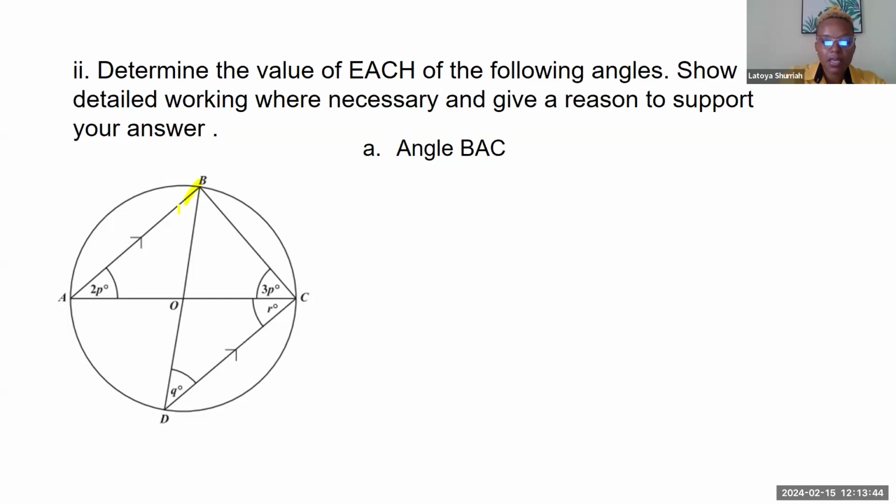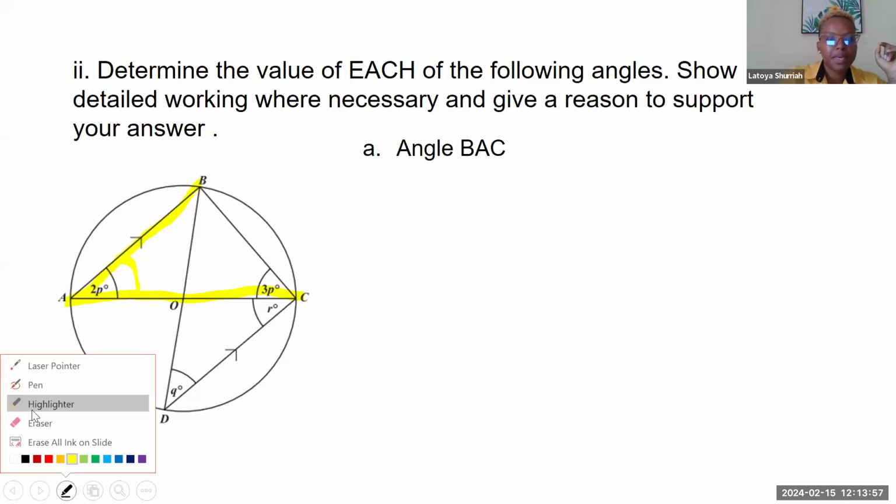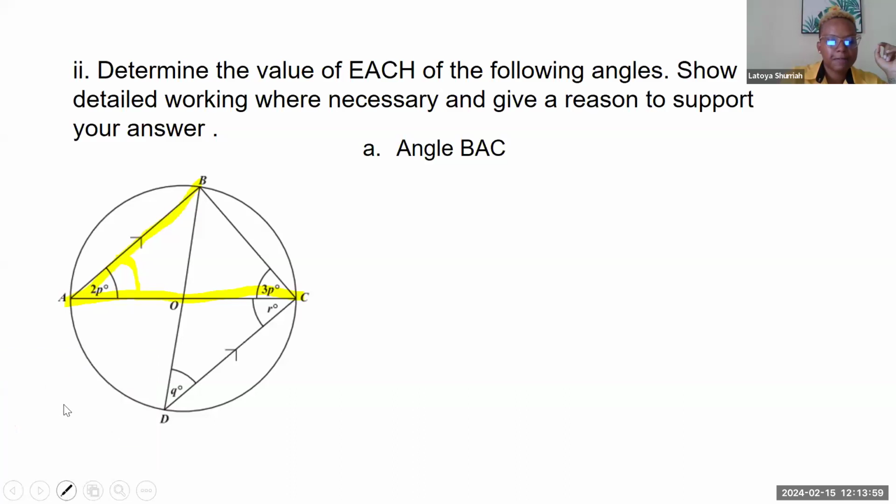Starting at B, angle B, A is here, and C comes down here. We need this angle here that is labeled 2P degrees. I'm going to give you a minute to work on that. We need to know the value of the angle marked 2P degrees.